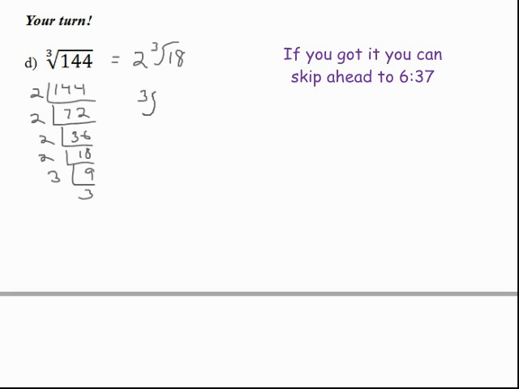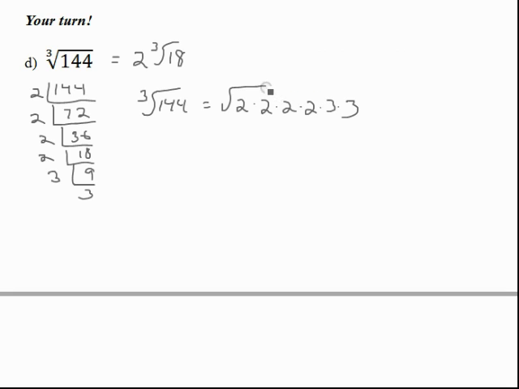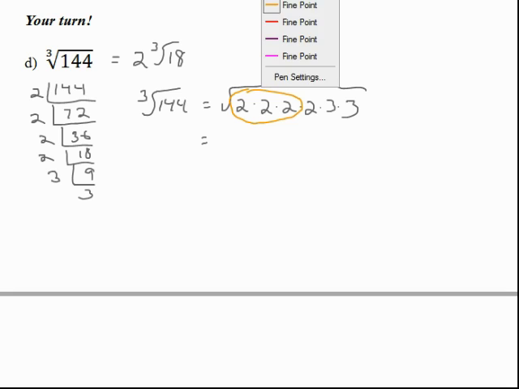So the cube root of 144 equals the cube root of 2 times 2 times 2 times 2 times 3 times 3. Because it's a cube root, we're looking for groups of 3. And pull that one out front.